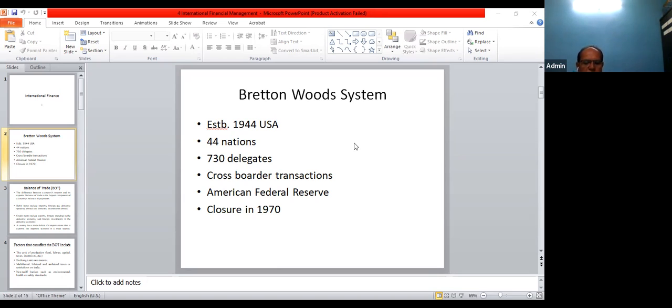Actually, in 1914 there was the Second World War, and because of this war, as you might have heard, most nations' economies collapsed. During the Second World War, even the developed countries' economies were adversely impacted. It had an adverse impact, and we cannot even think about developing and underdeveloped countries.